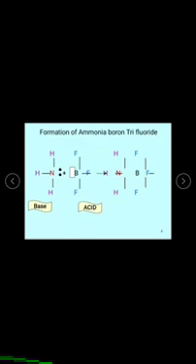In ammonia, nitrogen is the central atom. It has one lone pair of electrons, and in boron trifluoride, boron is the central atom. It has one empty orbital. Whenever nitrogen donates a pair of electrons to boron, it forms a coordinate covalent bond between ammonia and boron trifluoride. That is the bond between nitrogen and boron, and the formed product is called a salt.